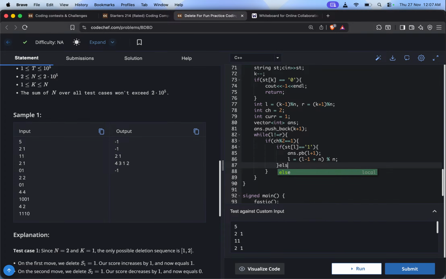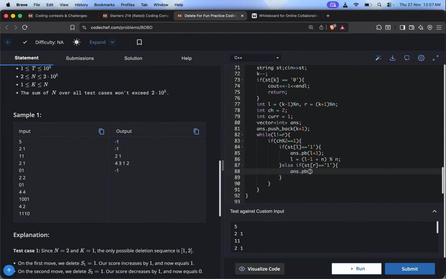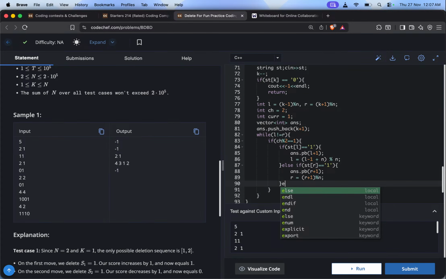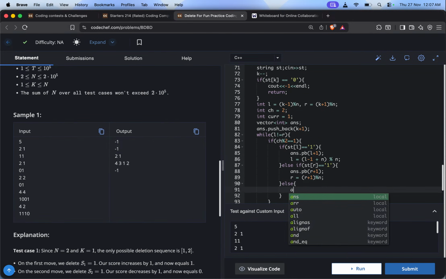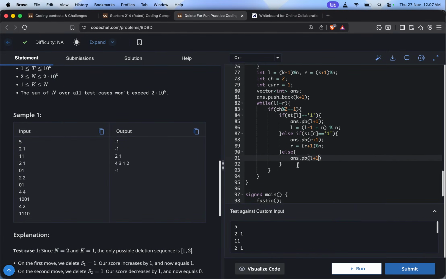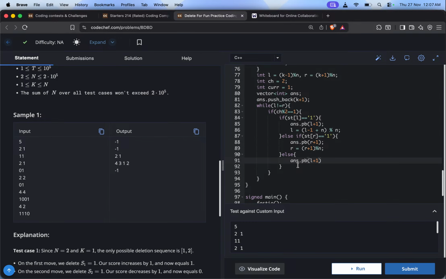What if the right element is 1? If any of them is 1, just pick it because it increases our score. If both of them are zeros, then the score remains the same if we choose any of them, so just pick the left one.